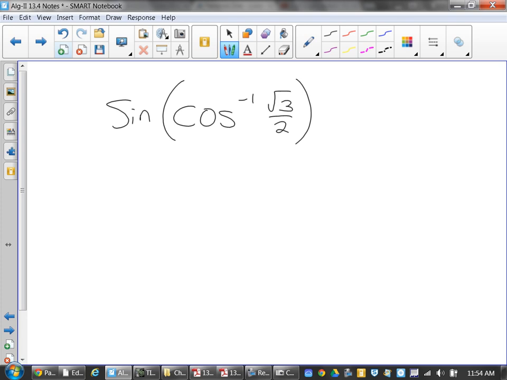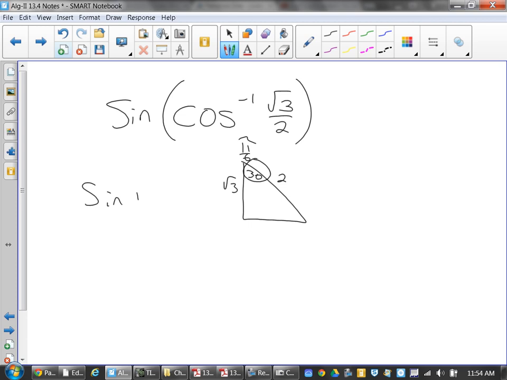Think about order of operations. Order of operations tells you to go from the inside out, right? So, real easy. What angle has a cosine of root 3 over 2? 30. Cosine inverse of root 3 over 2 means it's a 30-degree angle, which is pi over 6, correct?